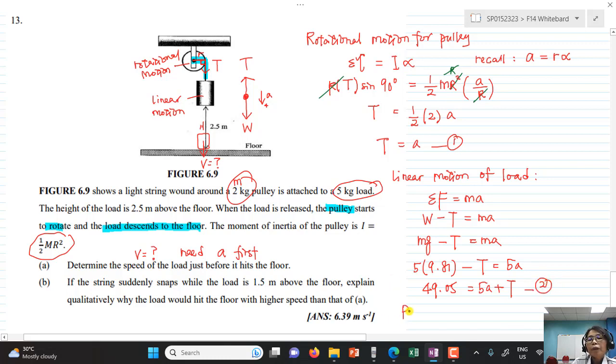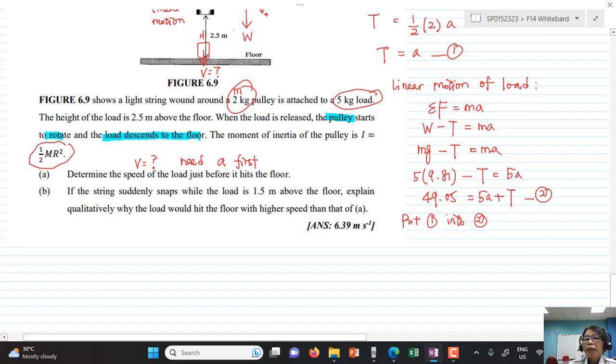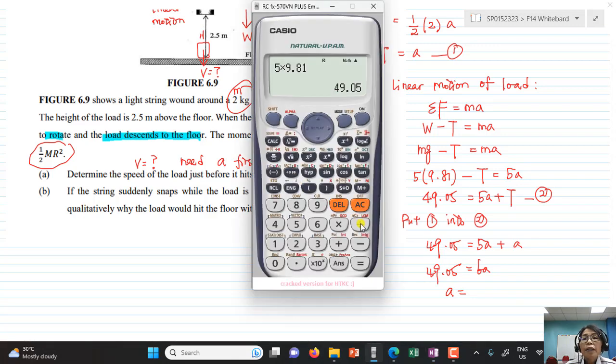So I put 1 into 2, because from equation 1 I know that T equal to A, so I can put it into equation 2. So I have 49.05 equal to 5A plus A. So I'm going to have 6A equal to 49.05, so the acceleration is 49.05 divided by 6.